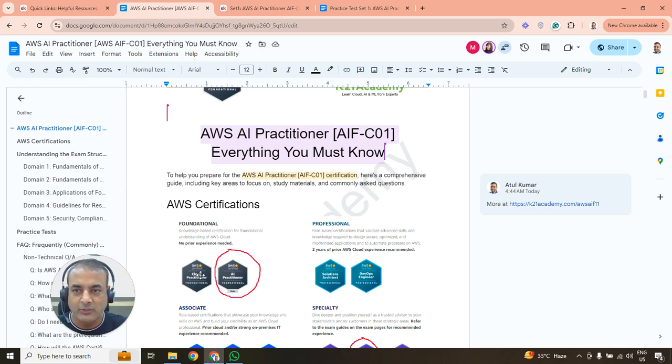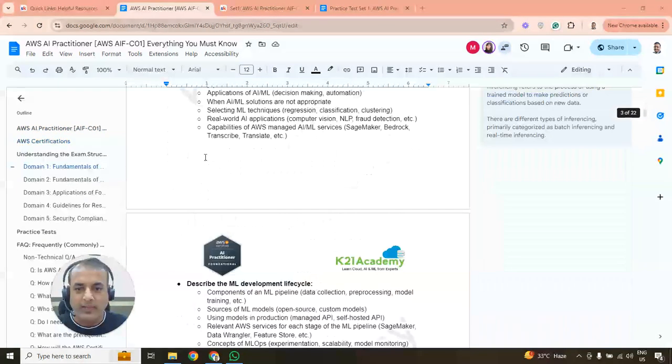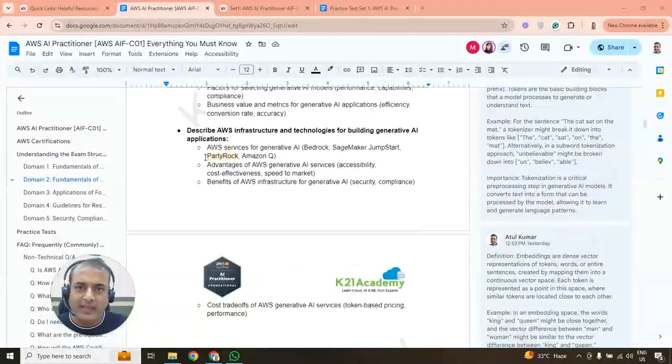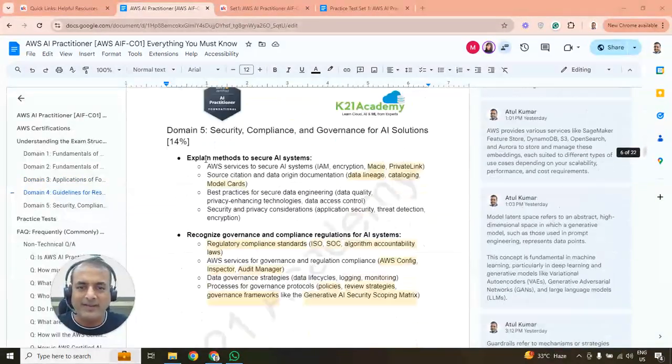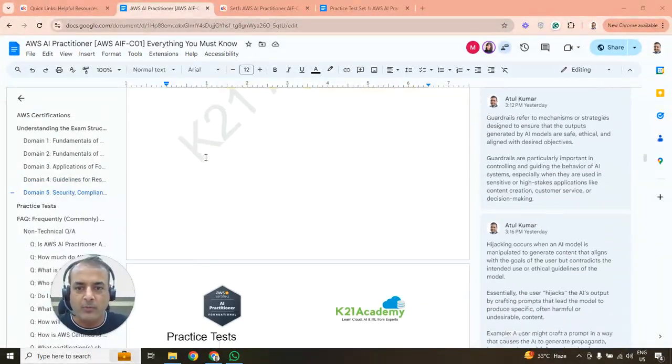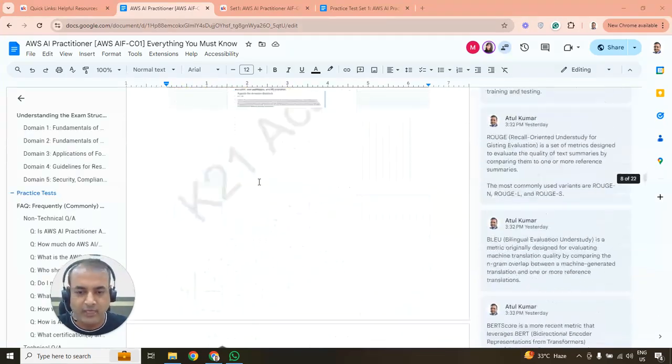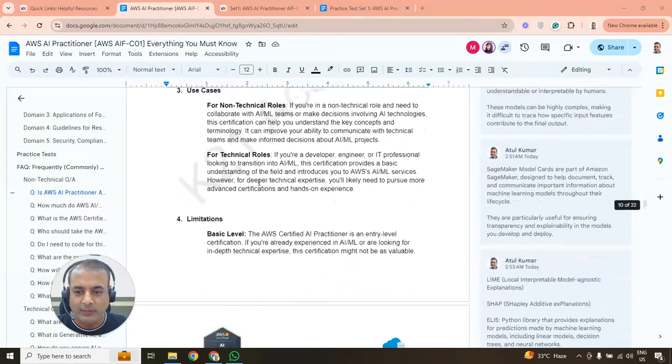The AI Practitioner is focused on AI and machine learning, generative AI, and associated services. So AI Practitioner is about AI and machine learning fundamentals, whereas Cloud Practitioner is about AWS services and cloud services in general.